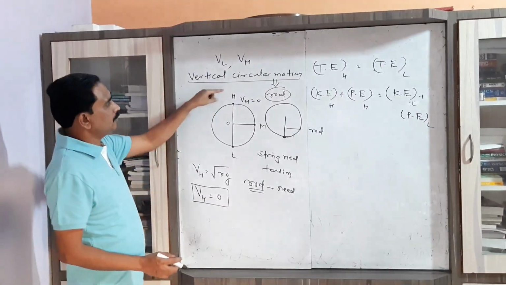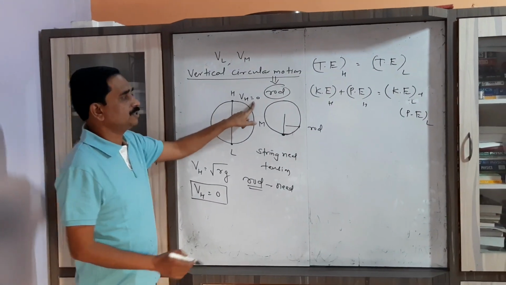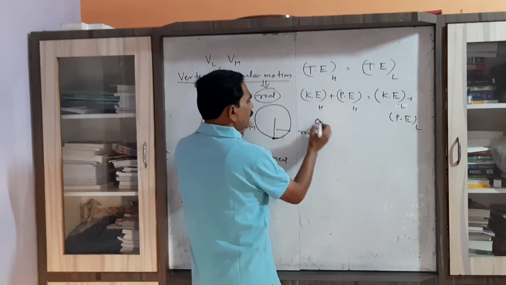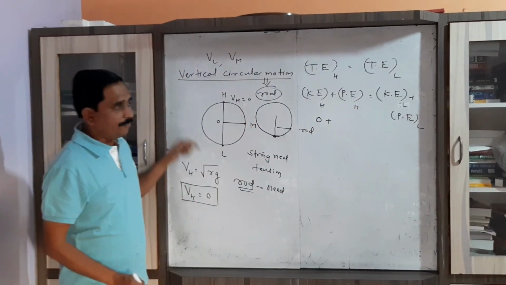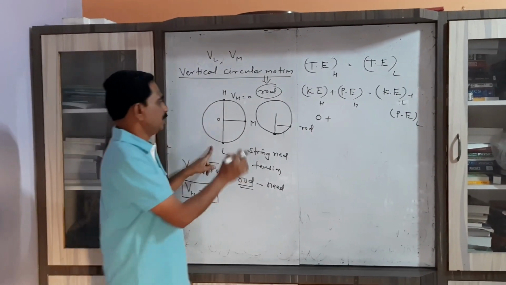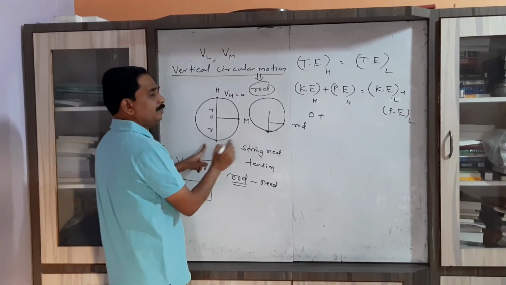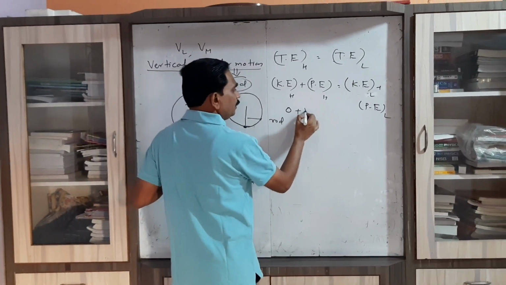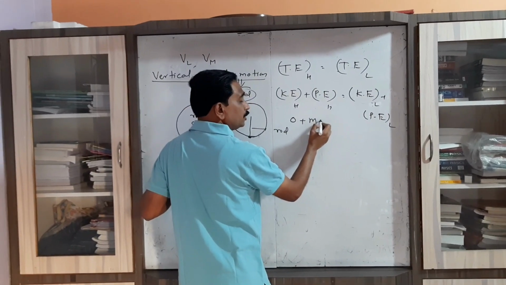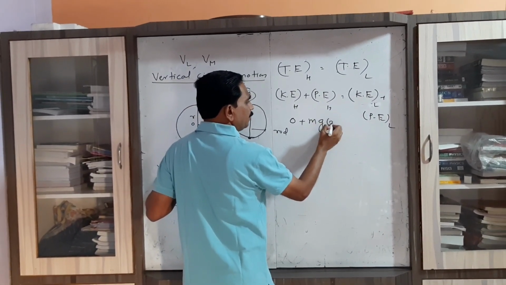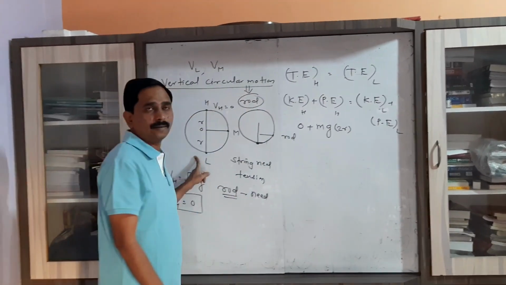The velocity of that body at the highest position is 0, therefore kinetic energy becomes 0. When the body is at the highest position, the height becomes twice r, therefore the potential energy becomes mg into twice r.